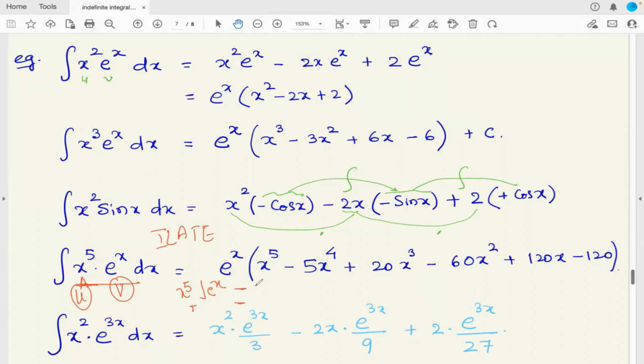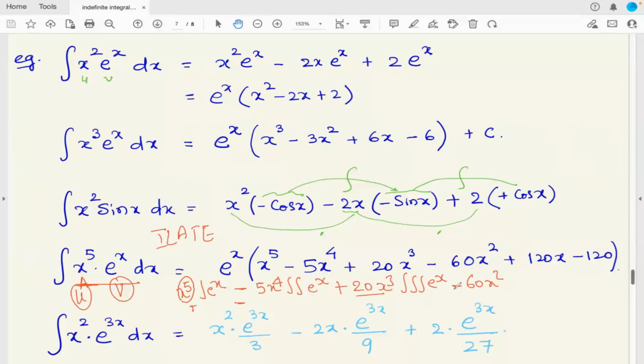We put minus here and then differentiate: 5x to the power 4 and double integration of e to the power x. Here minus, so we put plus, and again differentiate 5x to the power 4, so it will be 20x cube, triple integration of e to the power x, here plus, so here will be minus 60x square.